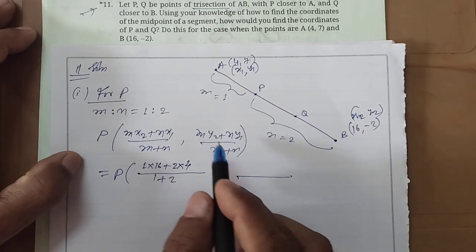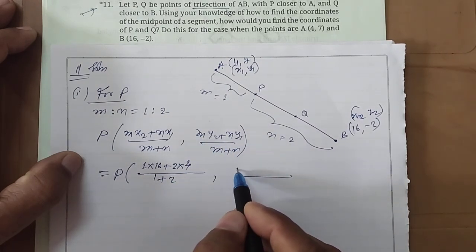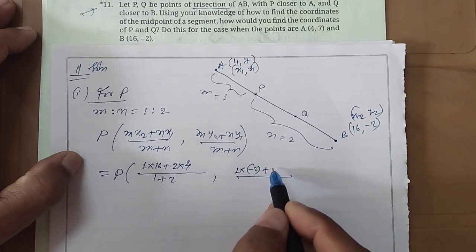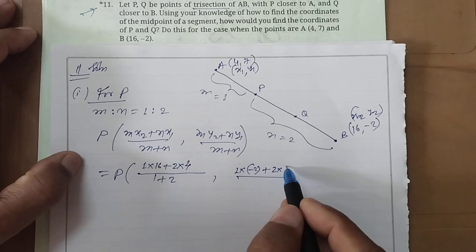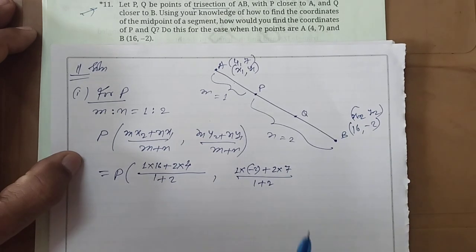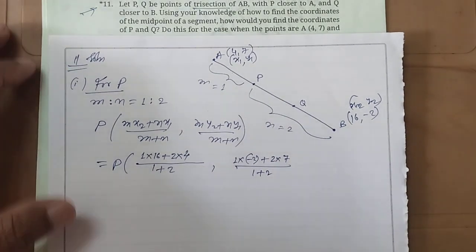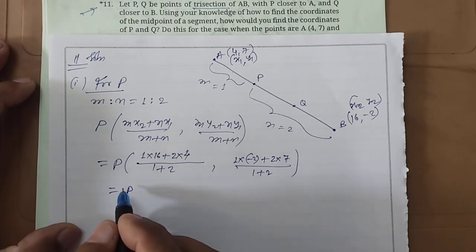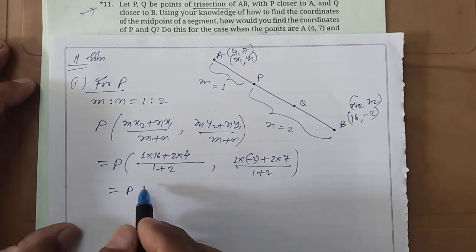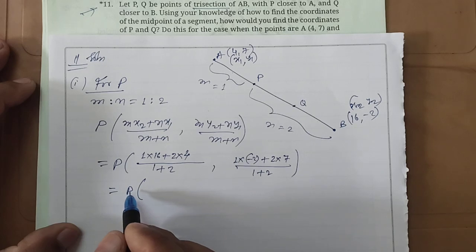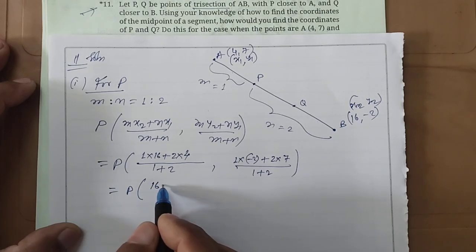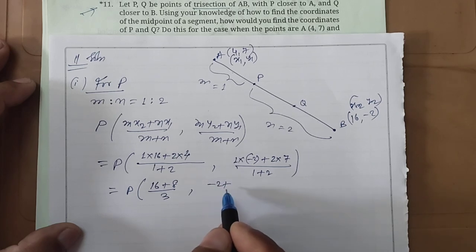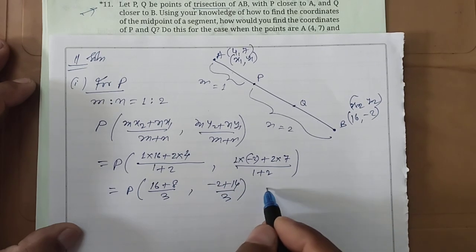Same here, m y2, m is 1, y2 is minus 2, plus n 2, y1 is 7, by m plus n, 1 plus 2. We can calculate and get the value. P is just written to represent the point P. It is not algebraic, it will not be in the calculation. So (16 plus 8) by 3, and here (minus 2 plus 14) by 3. You can simplify it.